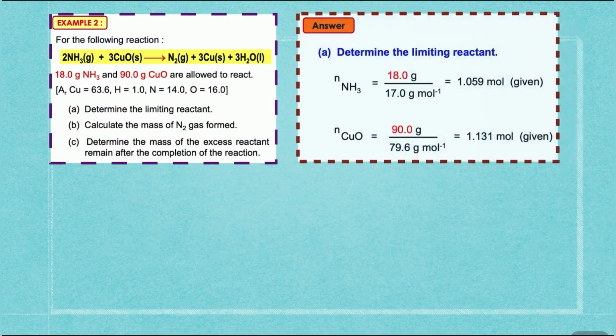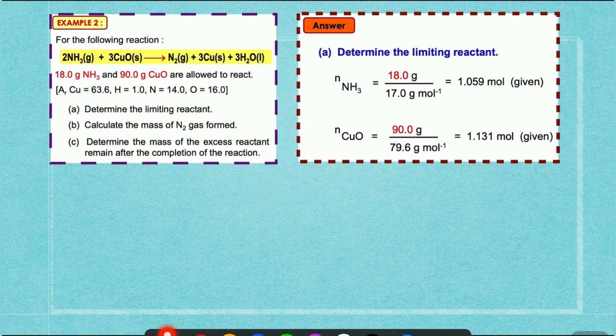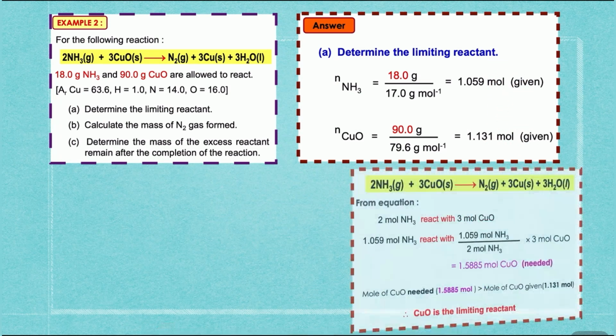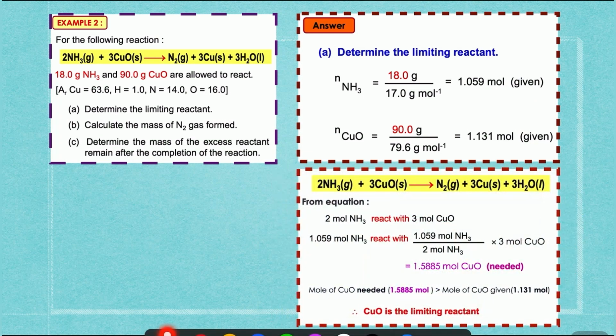Okay, let's see. First, you need to calculate the moles of both of the reactants. So this is the given. The calculated mole is the given mole. Then you compare by using the equation.